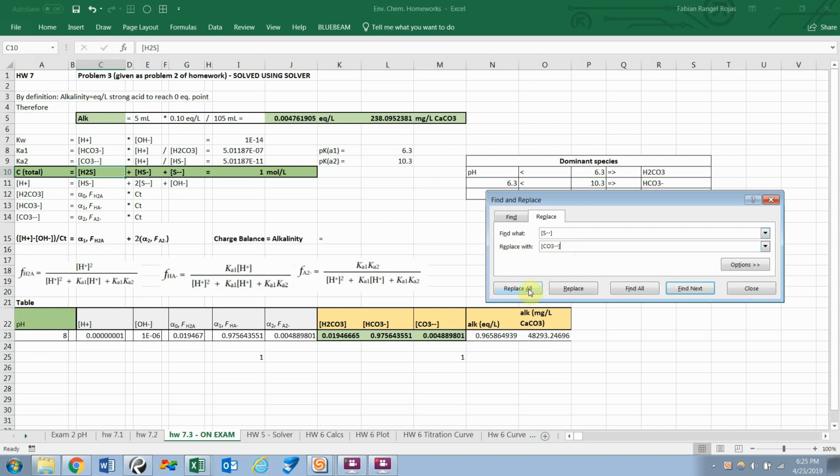I hit replace all. Says it did it. Okay, and I'll replace H2S with H2CO3. Hit replace all. And HS minus with HCO3 minus.